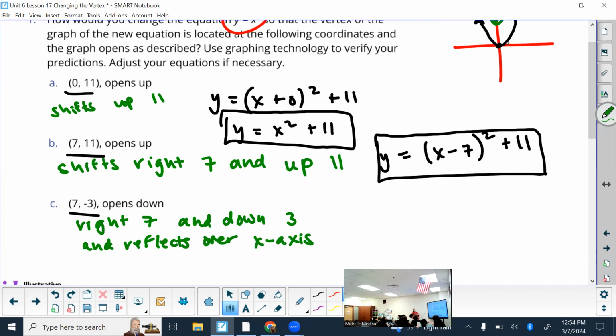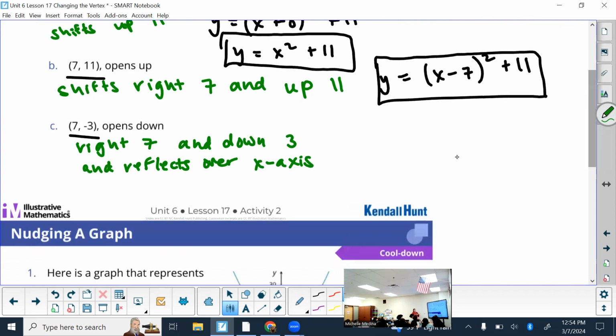And yeah, so from our parent graph, 0, 0, if we're going 7, -3, it would end up here, so we are going right and down, but then now we're making it reflect. So table 4, what would the equation have to be for this one? And is that all?